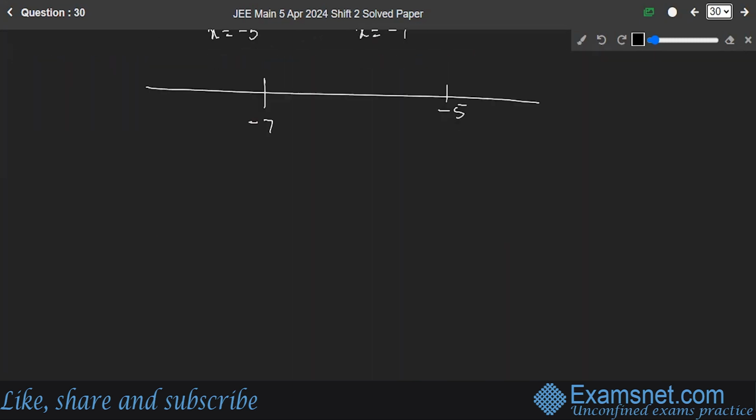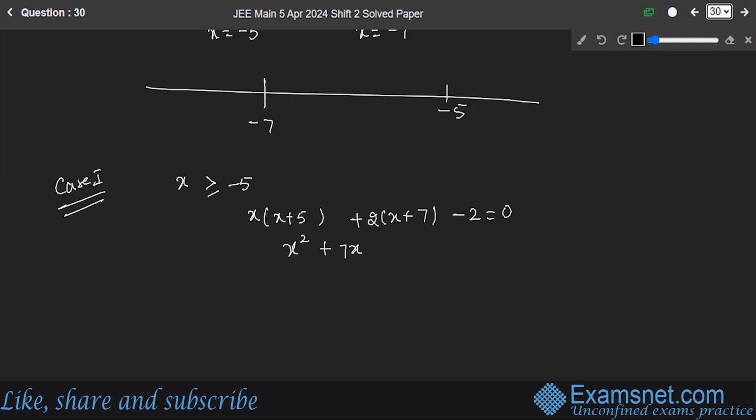Now let's consider three cases. The first case, when x is greater than minus 5. So in that case, it will be x into x plus 5 plus 2 into x plus 7 minus 2 is equal to 0. x squared plus 5x plus 2x, 7x, and this will be 14 minus 2, 12 is equal to 0.